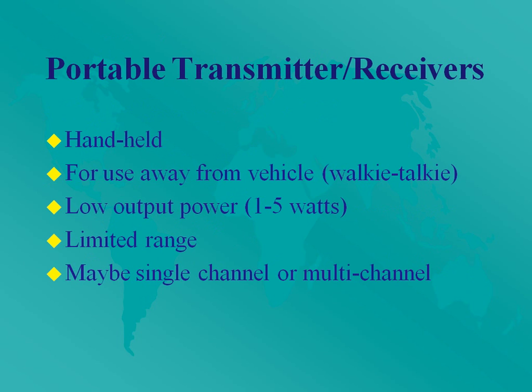Portable transmitter receivers, obviously your handhelds. Basically we just want to walk away from our vehicle, with limited range. Some of these are actually good enough that, like I said, they'll transmit back to the truck for the repeater. We'll talk about repeaters in a minute. Then they'll go out either back to the station or hit another repeater. But some of these handhelds actually won't even do that.